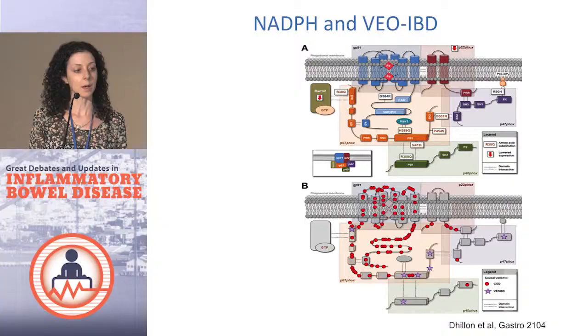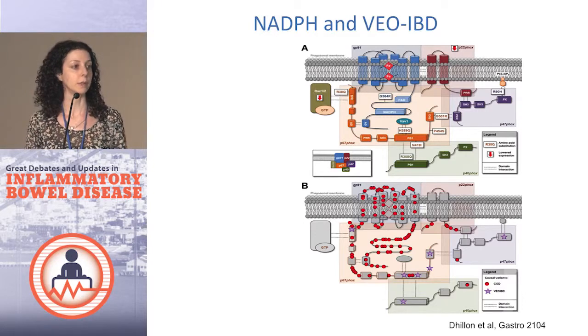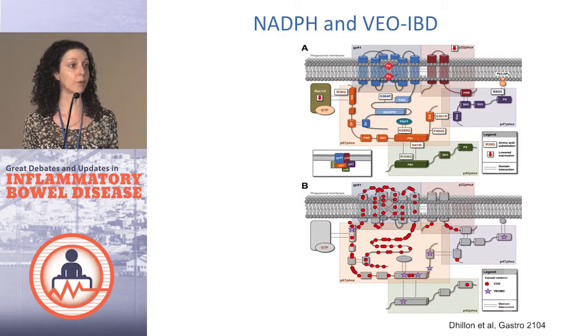And Alex Muise et al. demonstrated really nicely that the rare variants are associated with the binding of RAC2, which allows NADPH to then bind to produce oxidative species, but also in other variants that were really common, but the rare form caused more of a colonic disease.